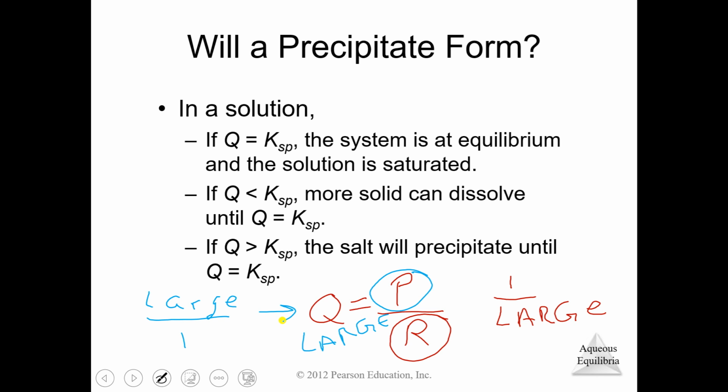So when Q is equal to K, the system's at equilibrium. If Q is less than K, that means more solid can be dissolved until we get to this point of Q equaling K. If Q is greater than K, the salt will precipitate out.